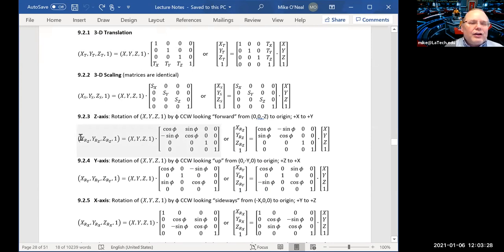You get the X rotated value here by taking this row and multiplying it times this column. That in no way impacts computing Y, which is taking the same row and multiplying it by the second column, which in no way affects the computation of Z, which is taking this row and multiplying it times this column.